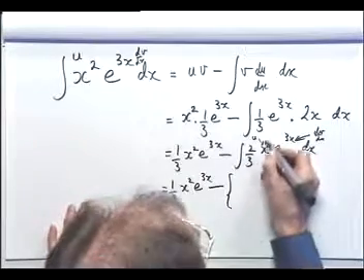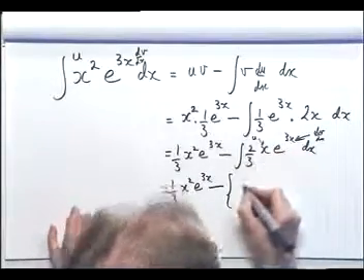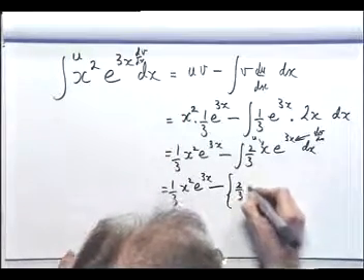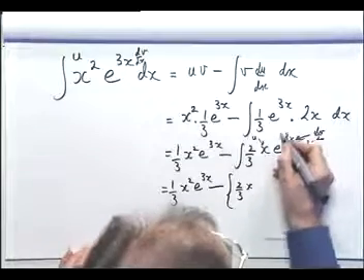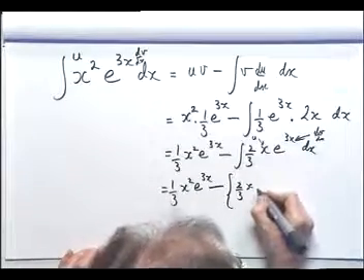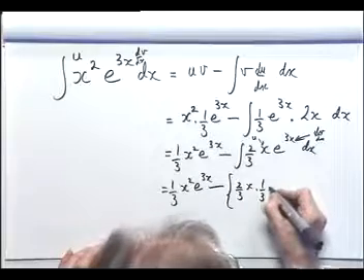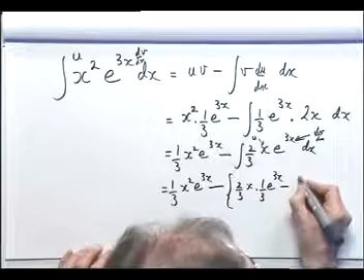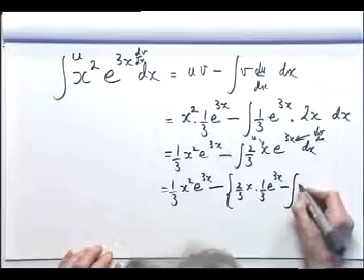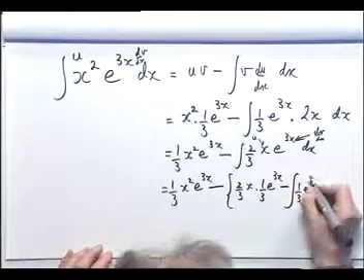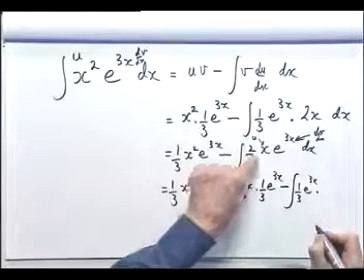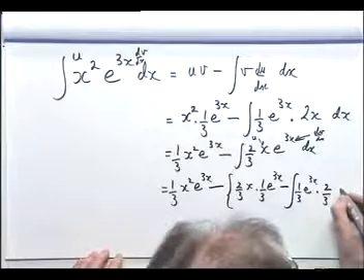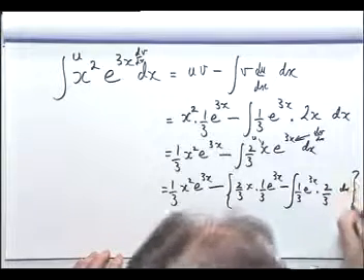So we've made our choice that this here will be u, and we want uv, so that's 2/3 of x. Now this is dv by dx, and we need to integrate it, so that's 1/3 e to the 3x minus the integral of 1/3 e to the 3x times, and we want the derivative of 2/3 of x, which is just 2/3 dx, and close that bracket.